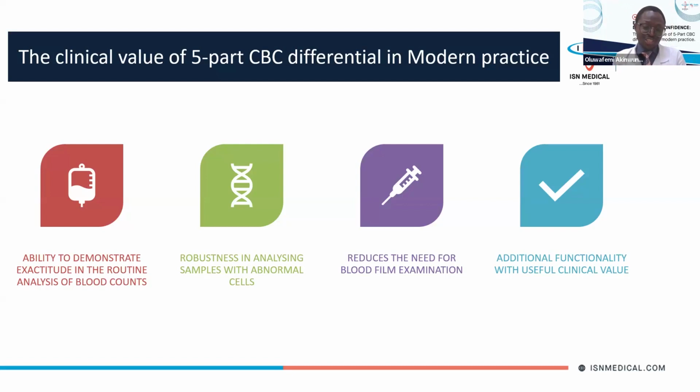So that is the additional functionality that the 5-part has above 3 parts. It can actually figure out cells that may resemble abnormal cells. Then when you see that, you know that a peripheral blood film is mandatory in that particular instance.